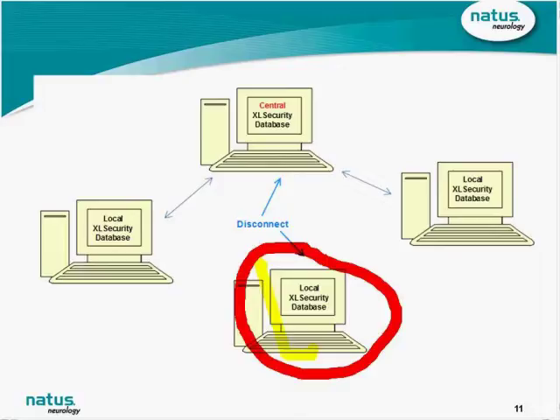It is not the case that if you lose your connection to the central security database the machine will not be able to function. The machine can still function even without a connection. The risk that you run is that the computer may not have the latest rules that have been implemented and are stored on the central security database.